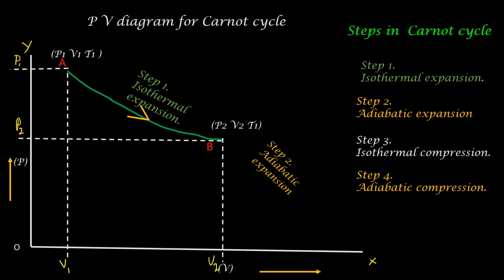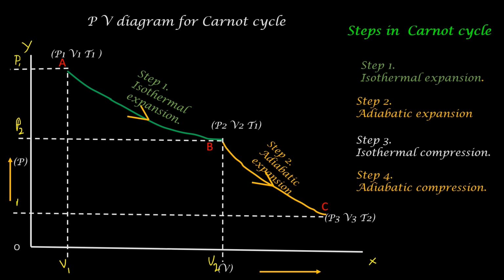Step 2, adiabatic expansion. This is the graphical representation, and for adiabatic expansion, we know the graph will be steeper. B is the initial point for step 2 and the state function is at P2, V2, T1. C is the final point of step 2. At point C, pressure decreases to P3, volume increases to V3 and temperature changes to T2.